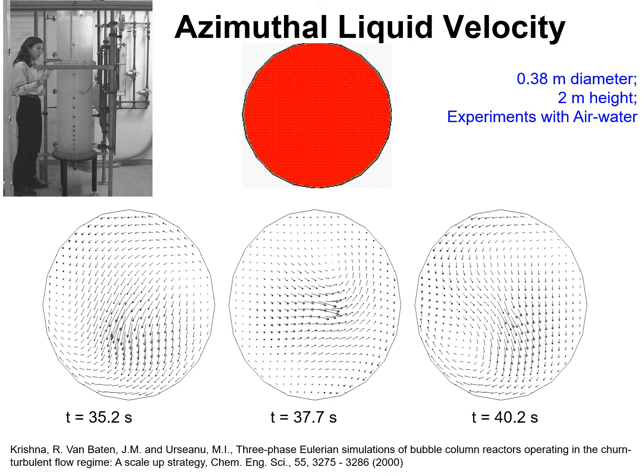Let's look at the Eulerian simulations of the liquid flow as viewed from the top of the column. And I show you the animations showing the velocity vectors in the liquid phase.